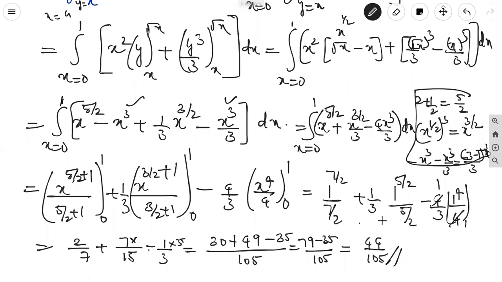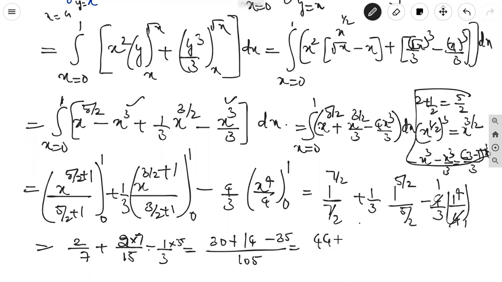One minute here. 1 by 3, 5 by 2 means this is 2 by 15. It is 2 by 15. It is minus 1 by 3. Here, the simplification has a little mistake. 7 2s are 14.